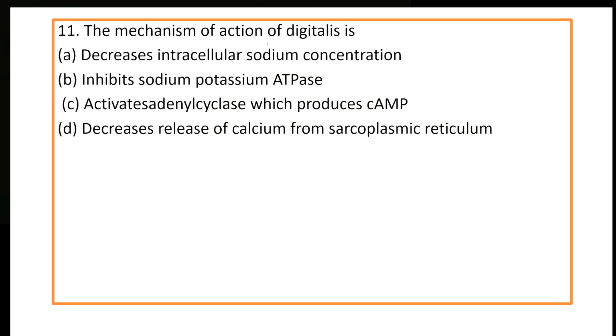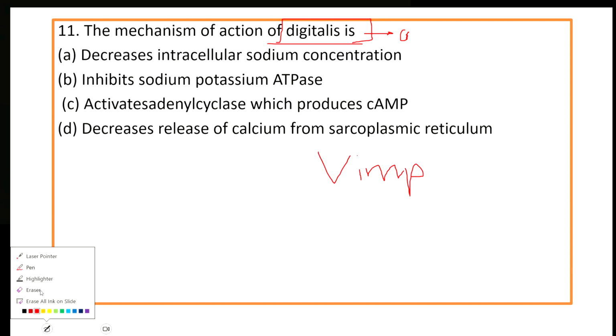The mechanism of action of digitalis is, yes, this is in pharmacognosy and in pharmacology. This digitalis drug is very important from the exam point of view. So you have to read the complete drug properly in pharmacognosy as well as in pharmacology. The options are, the first option is decrease intracellular sodium concentration.